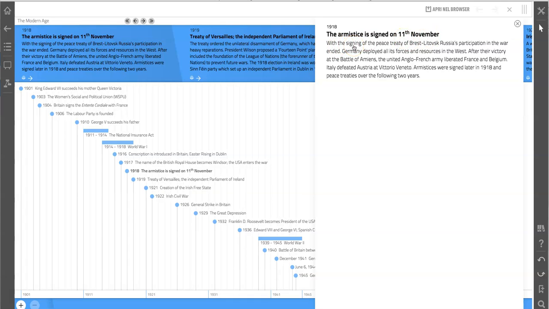With the signing of the peace treaty of Brest-Litovsk, Russia's participation in the war ended. So Germany deployed all its forces and resources in the West.